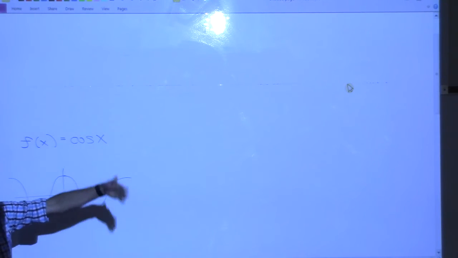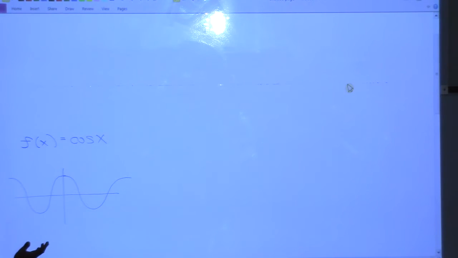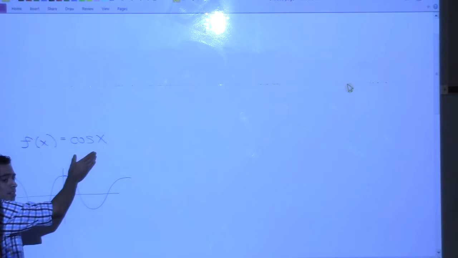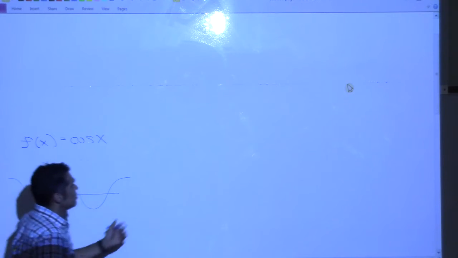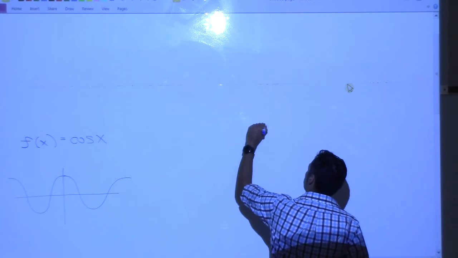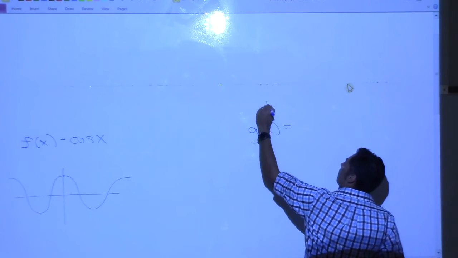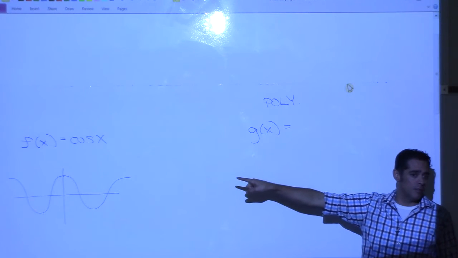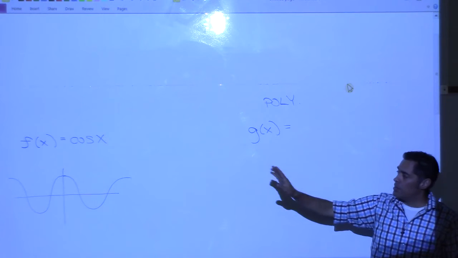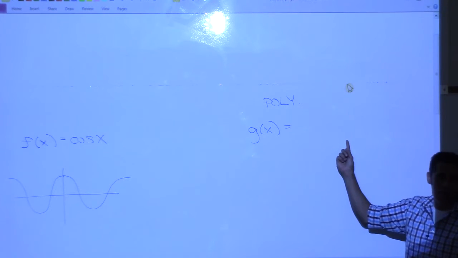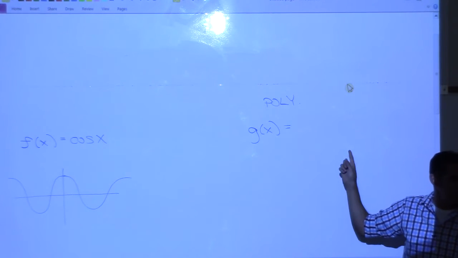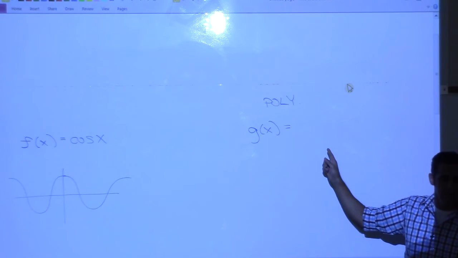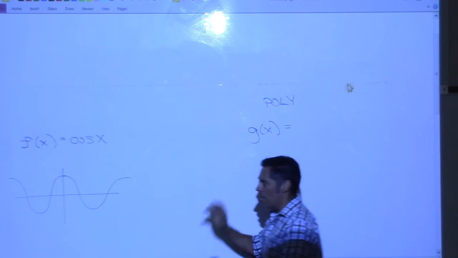There's this thing called the Weierstrass theorem that says that if you're given a continuous function, you can always approximate it with a polynomial function. So over here, there's some polynomial that is a very good approximation of that function. And I'm going to help us figure it out right now. I'm going to actually show you how we could determine what it is, all right? And then I'll tell you why it's important.